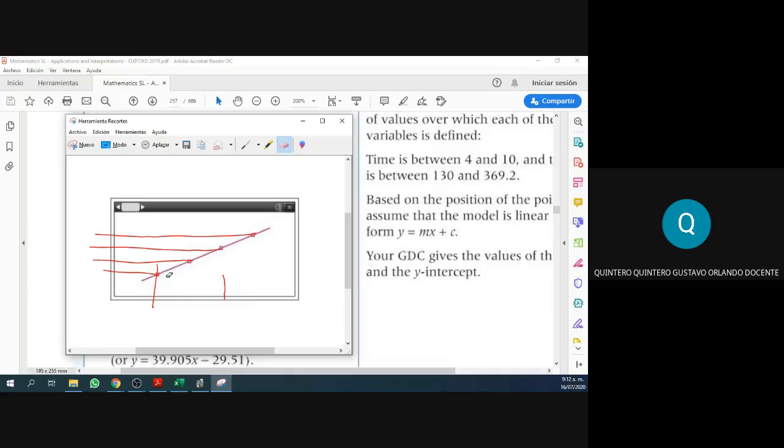But in all honesty, we don't know what is going to happen if we put another point there. Maybe the point is there, or maybe the point is here, and then the next point is there, and then the next point is there. So extrapolating comes with a risk.